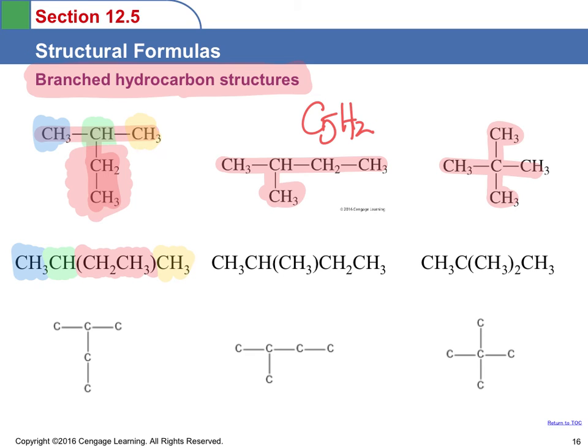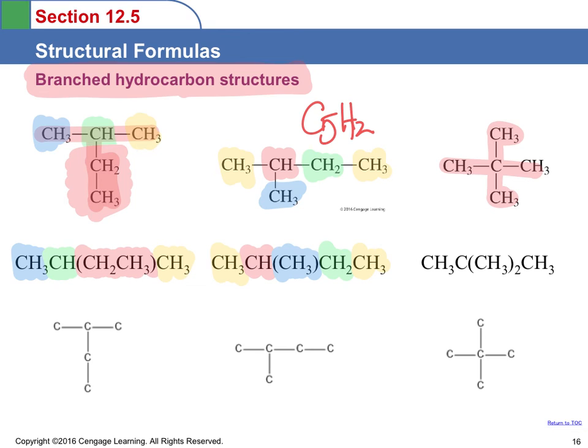Okay. If we look at the next example, first we have a CH3, followed by a CH with a CH3 branched, so it's in parentheses, CH2, CH3. Okay.